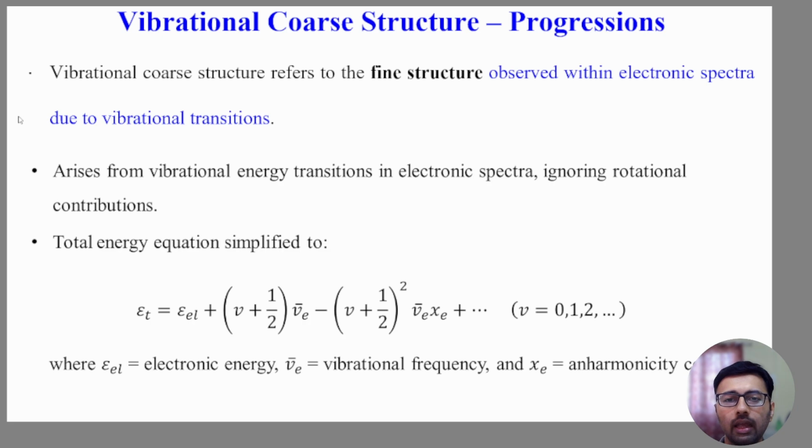When an electronic transition occurs, the molecule may also change its vibrational state. Therefore, instead of observing a single transition, we observe many possible transitions between different vibrational levels. This produces the core structure in the electronic spectrum.